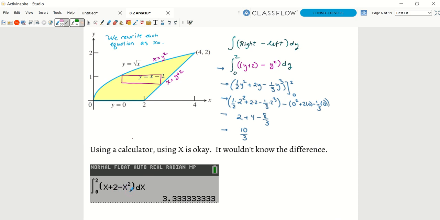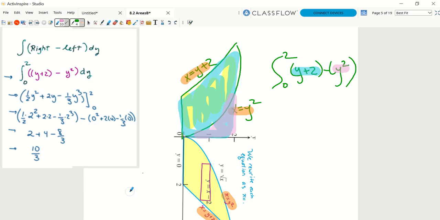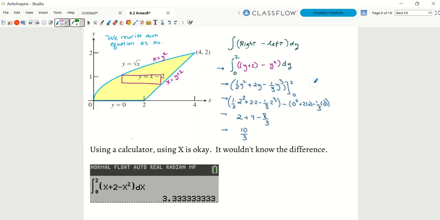Oh, sorry, I misspoke, I actually did it in the correct order. So with your graphing calculator, you can literally just put this in. Technically this should be y, but your calculator doesn't know the difference. It's going to give you the same answer no matter what, so you can just go x.